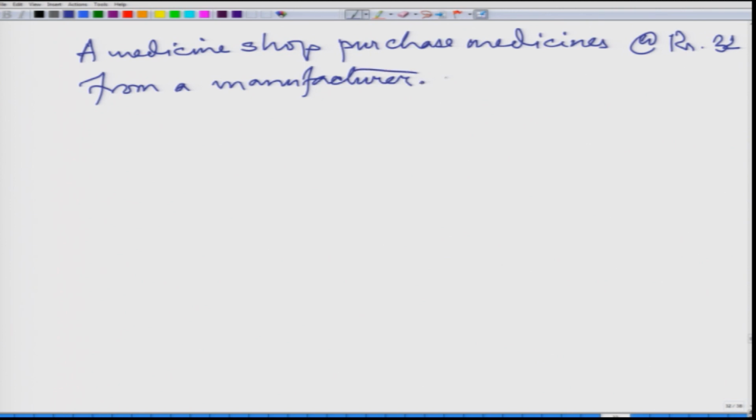Other variable costs are rupees 10 per unit.